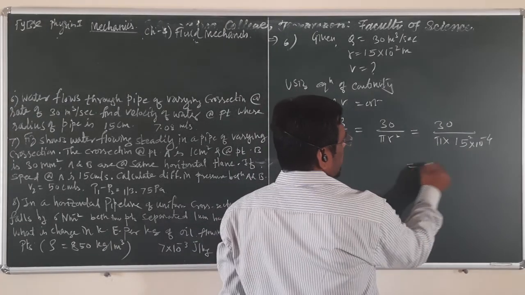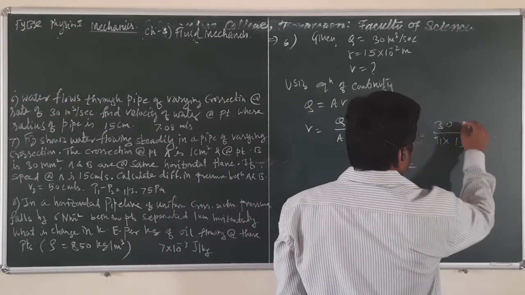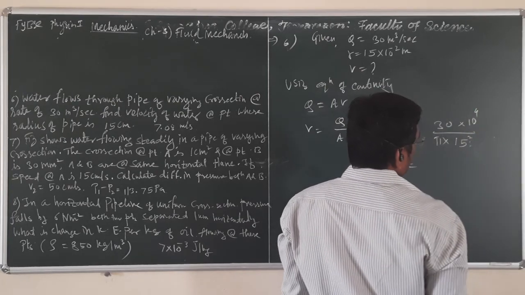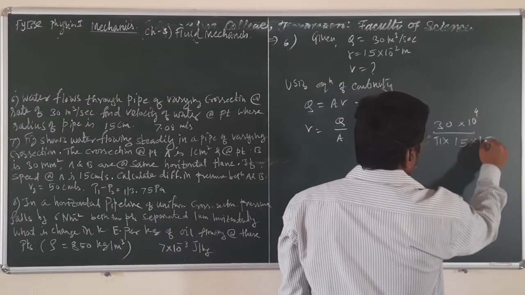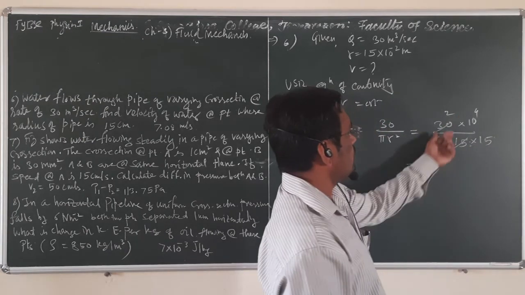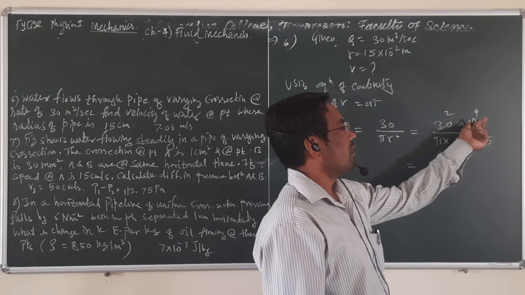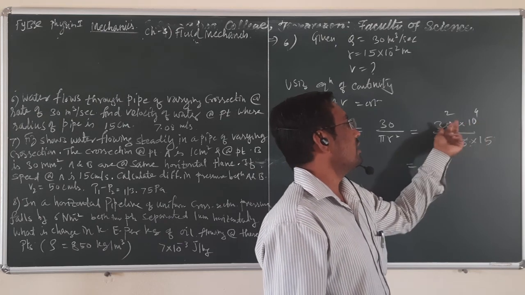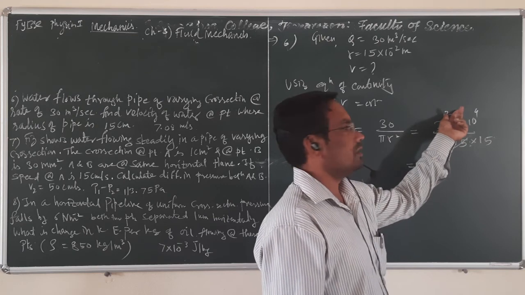Now if you solve this, 10 raised to minus 4 goes to the numerator, which becomes 10 raised to plus 4. This is 15 into 15, so this is 2. So 2 into 10 raised to 4 means 10,000 multiplied by 2, which is 20,000.